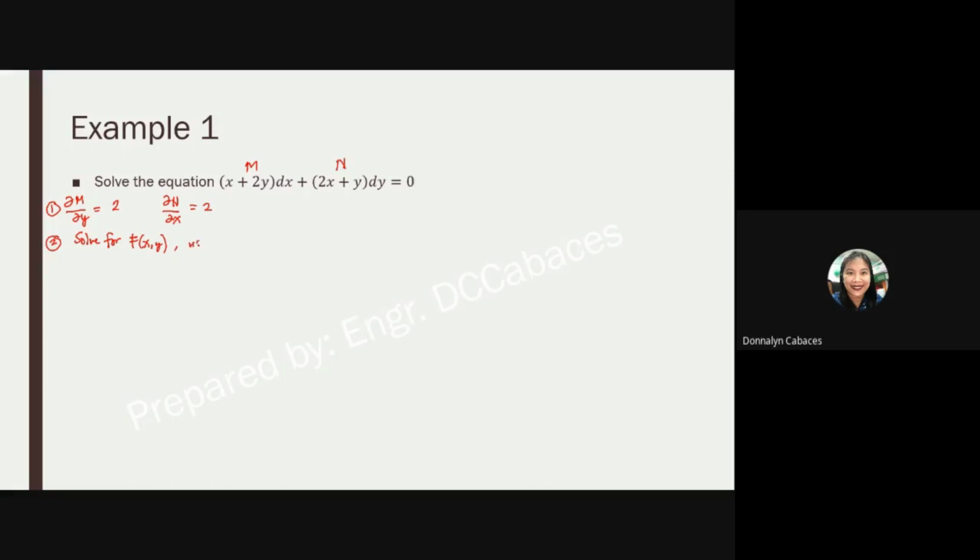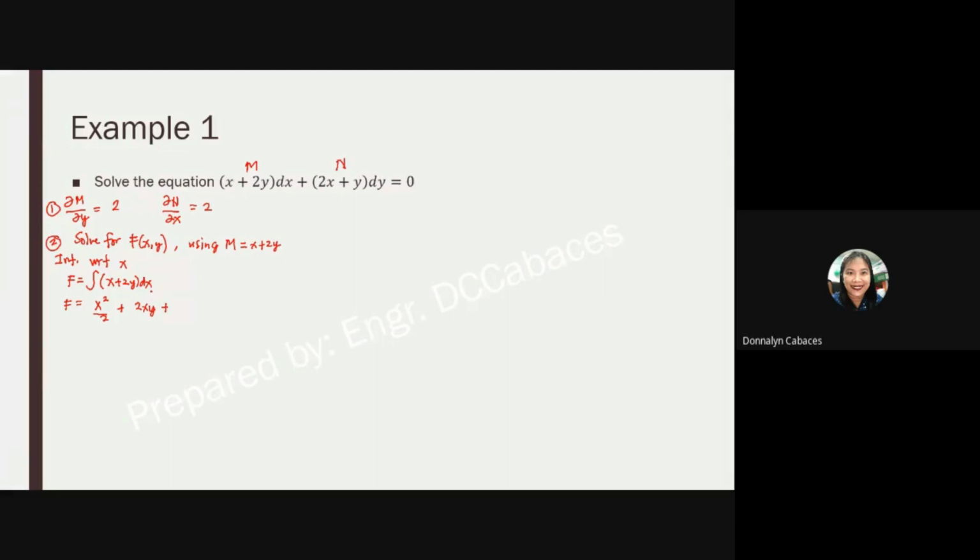Again, in this step, you may choose whether you use M or N. To illustrate first, let me use M equal to x plus 2y. So you have to integrate with respect to x. So f is equal to the integral of x plus 2y dx. Integrating with respect to x, it means that y is held constant. So you have here x squared over 2 plus 2xy plus the constant of integration.